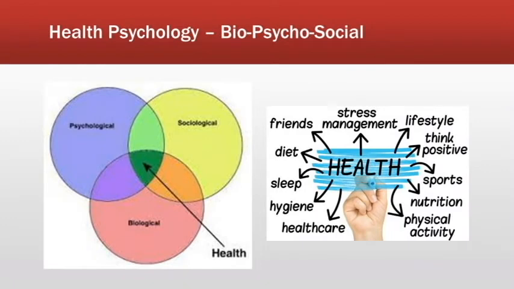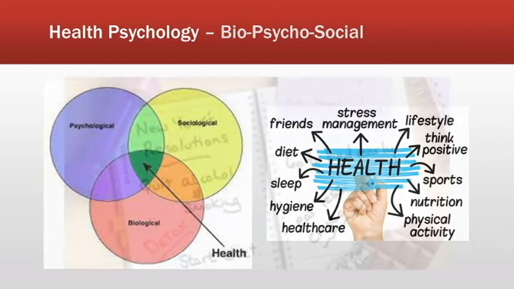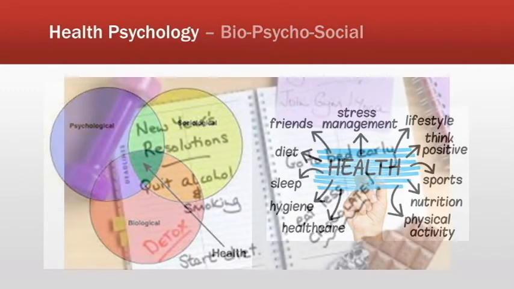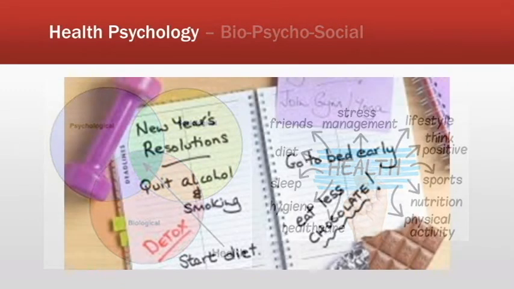And this approach reflects the biopsychosocial model of health and illness, which was developed in the late 1970s and early 1980s. And the biopsychosocial model represented an attempt to integrate the psychological, the psycho, the environmental, the social, into the traditional biomedical model, the bio model of health.